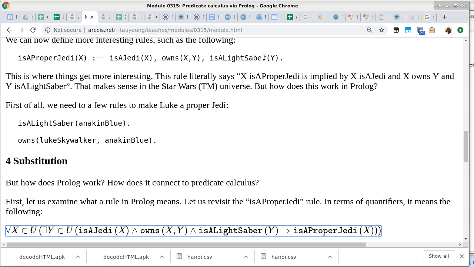I just need at least one y that can make the following true. What do I want to make true? X is a Jedi, X owns Y, and Y is a lightsaber, implies that X is a proper Jedi. Is that okay? So do we have any questions about this?